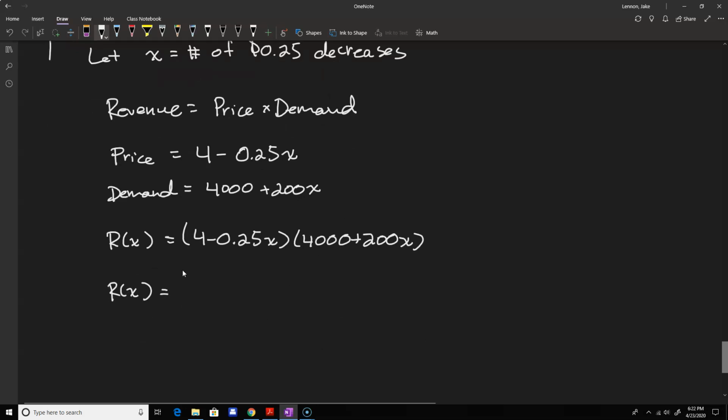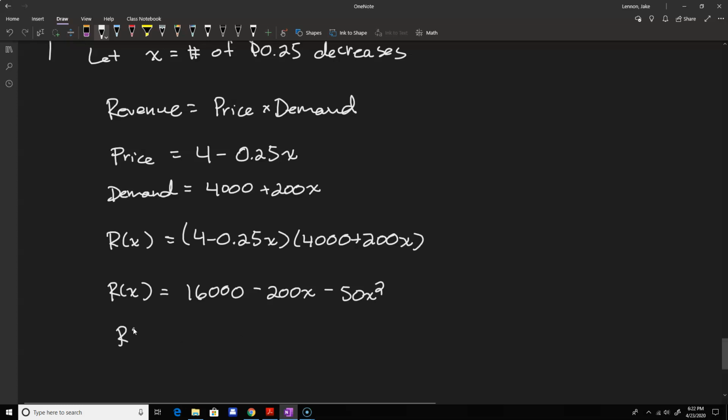You could also use the product rule, but I don't think there's any real need for that. So our first is going to be 16,000. Our outside is 800x. Our inside is minus 1,000x. So we're going to get minus 200x in the middle. And at the end, we're getting a quarter of 200, which is going to be 50. So we get minus 50x squared.